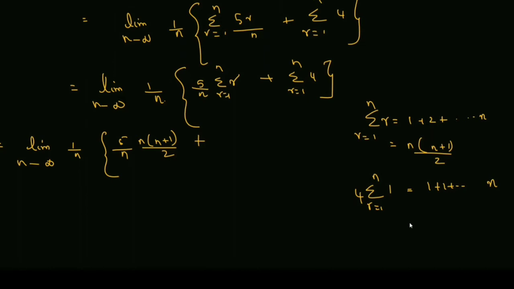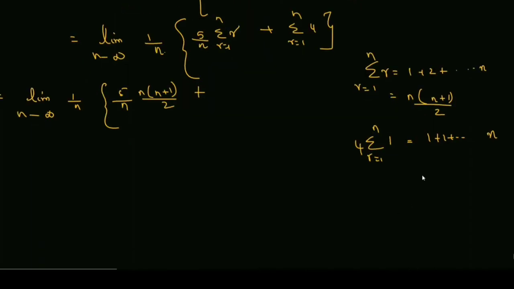See, if n is 5, sigma r from 1 to 5 of 1 is 1 plus 1 plus 1 plus 1 plus 1. So you get 5 as the answer, right? If I add 1 five times.